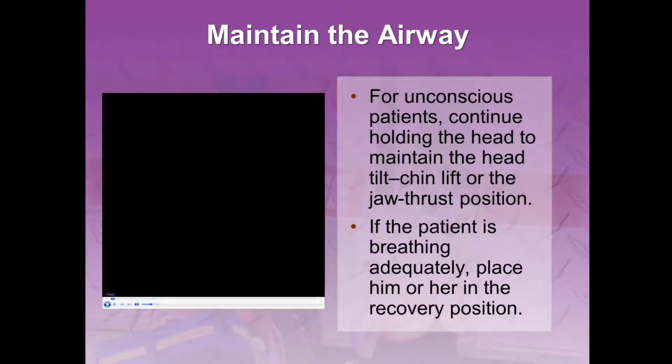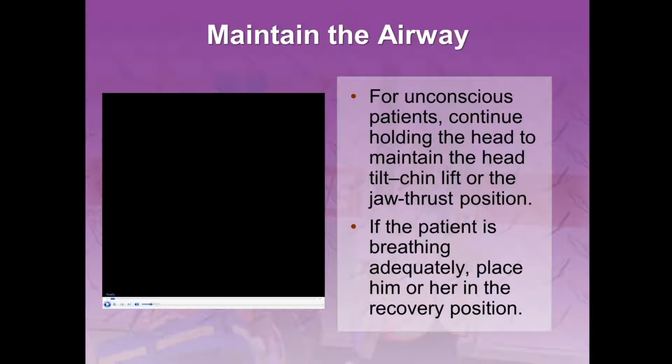We've talked about it. If you have an unconscious person, you might have to maintain their airway for them because they're unable to due to them being unresponsive, unconscious. So again, head tilt, chin lift, jaw thrust maneuvers are going to be your primary tool for that. And if needed, you can use an OPA or an NPA to keep that airway open if you're not going to keep it open yourself by holding that airway open.